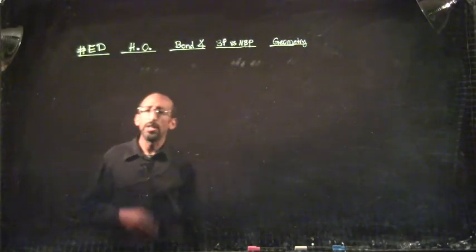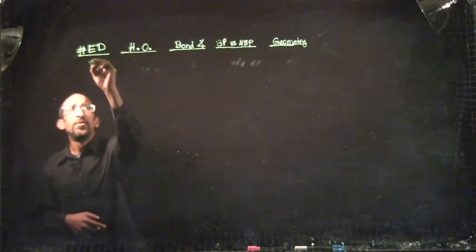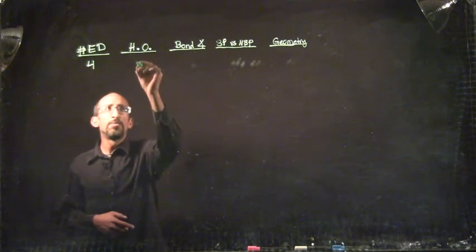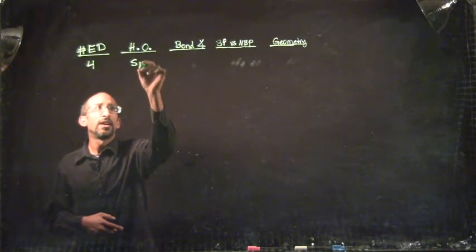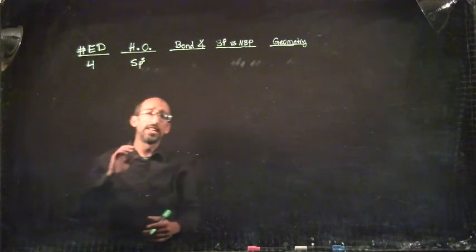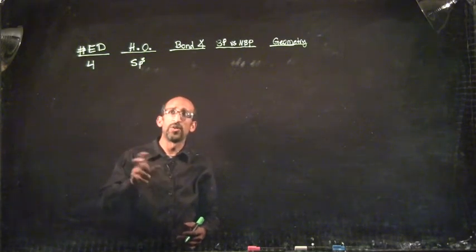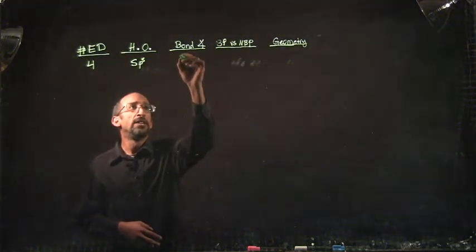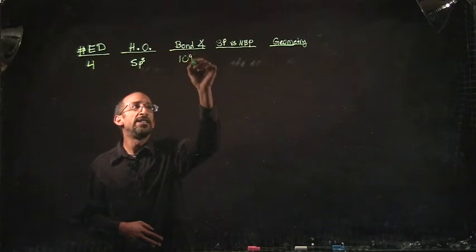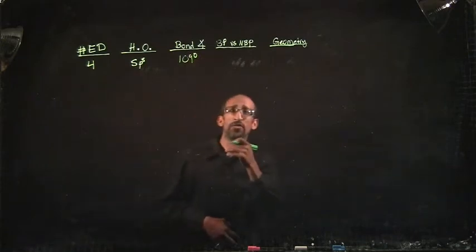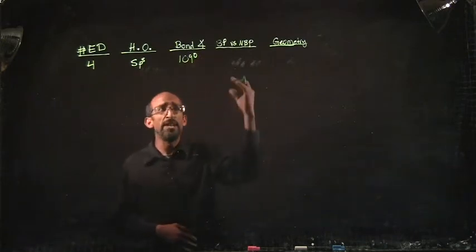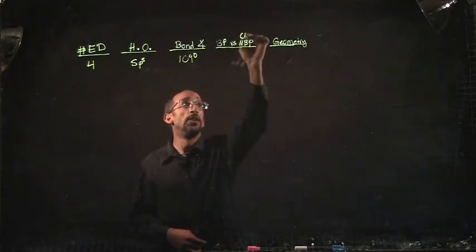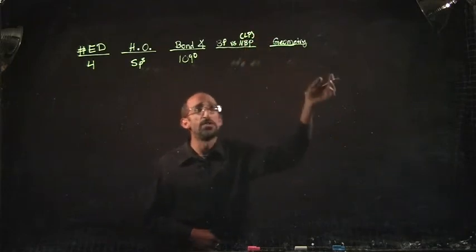So, we'll start with the simplest. If we have 4 electron domains, our hybrid orbital set will be sp3. You can also say that the atom that has 4 electron domains around it is sp3 hybridized. The bond angles will be 109 degrees. That approximation is sufficient for our purposes. And depending on the number of bonding versus non-bonding, also we're going to use lone pair here, will tell us our geometry.